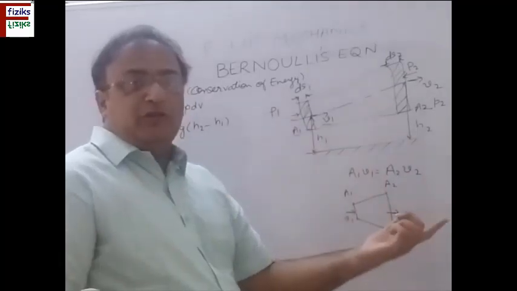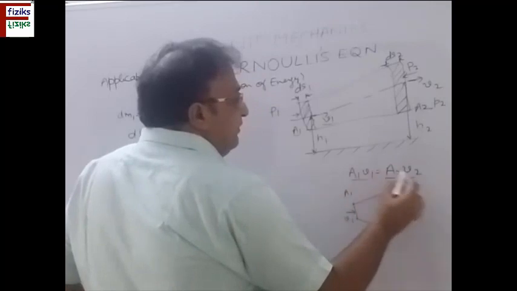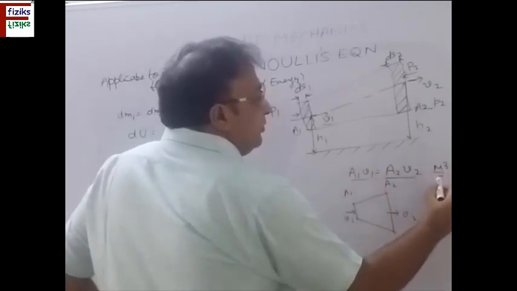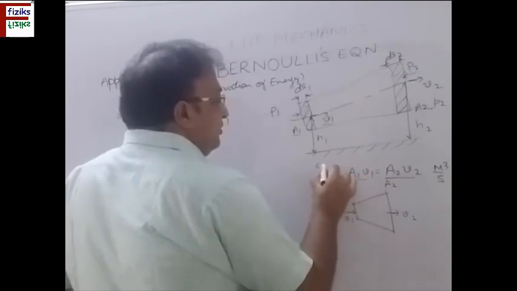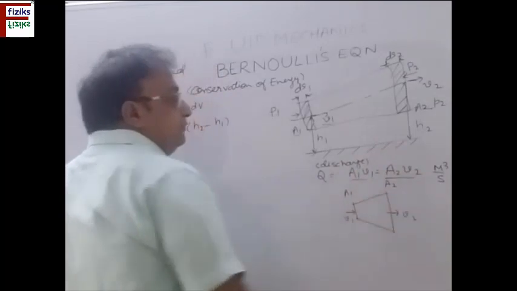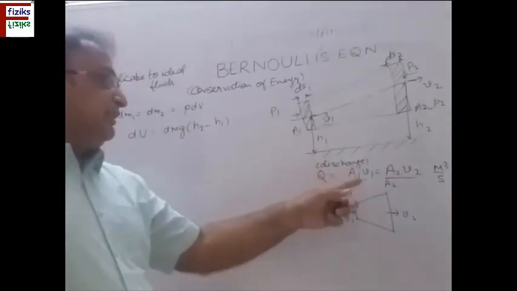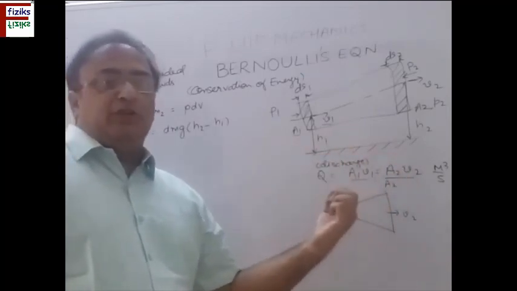If area is more, velocity is less. And this quantity has a unit of meter cube per second. This is called discharge, the volume flow rate per unit time. If you multiply this by density, you will get kilogram per second, the mass flowing per unit time.